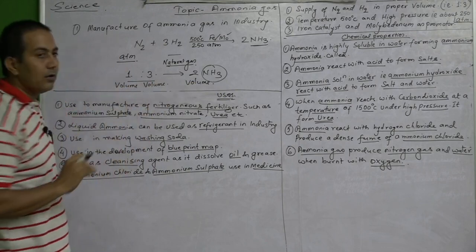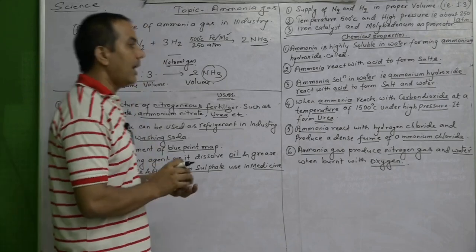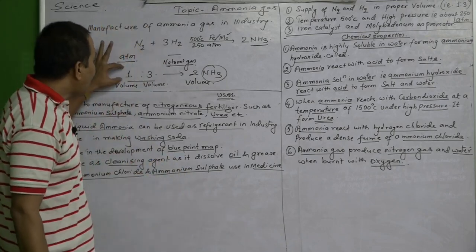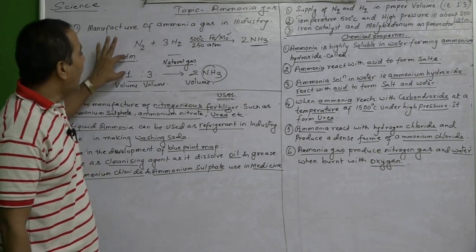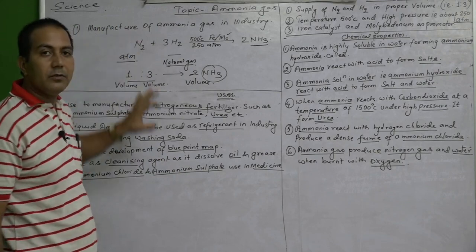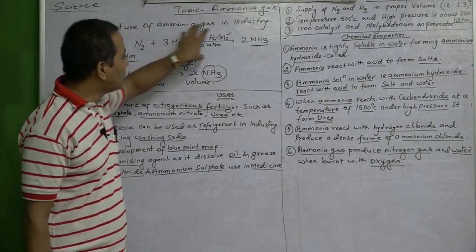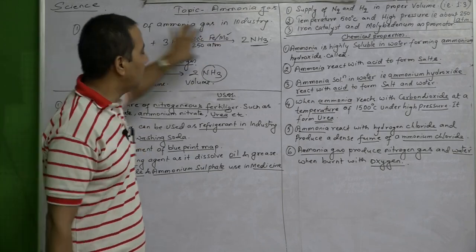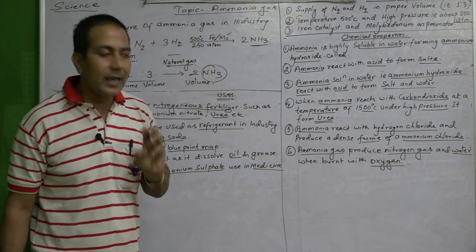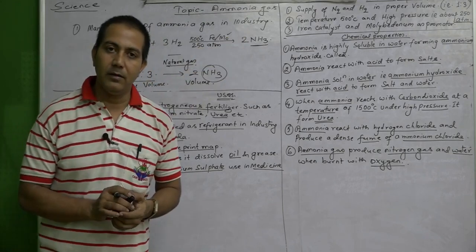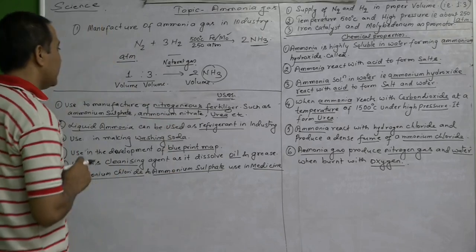Or if you are still not clear, suppose I take 1 kg of nitrogen gas and 3 kg of hydrogen gas. When it passes through this process, then 2 kg of ammonia gas will be prepared. Understand? I think you understand.